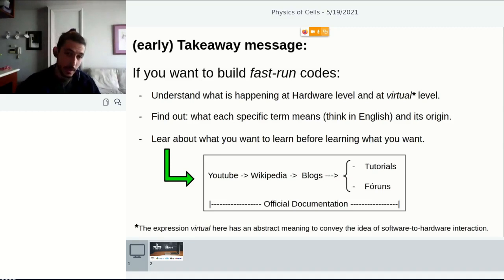Spanning all this learning process, you have the official documentation, which should be the first place where you look. The problem with official documentation is that it is written in a very specific language. But once you understand how it is written and how the language works, this is the best place to use because it will be the most concise.